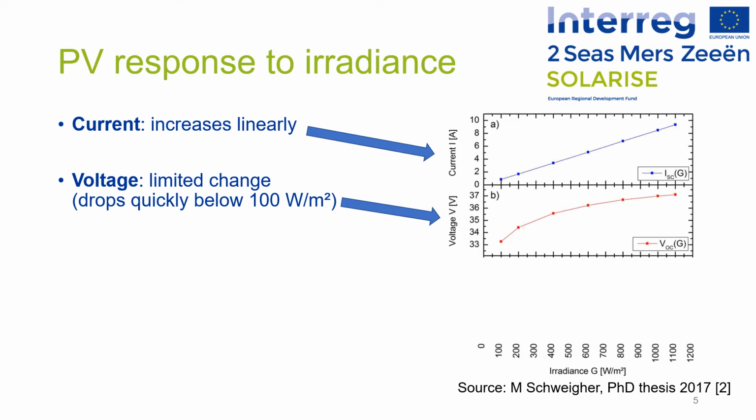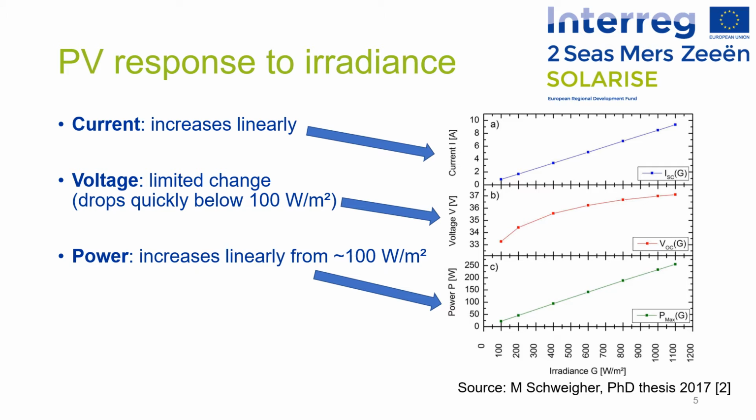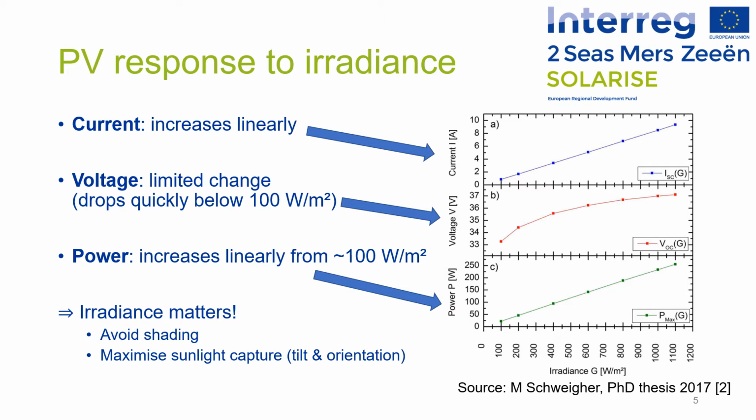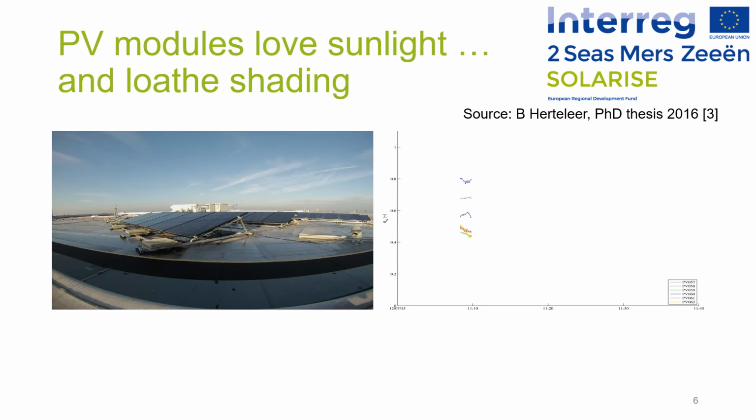The voltage sees a relatively limited change, but it does drop quickly below 100 watts per square meter, and the power increases linearly from around 100 watts per square meter. The conclusion of these three things is that irradiance matters, and that you need to avoid shading and you want to maximize sunlight capture with both the tilt and the orientation of PV modules.